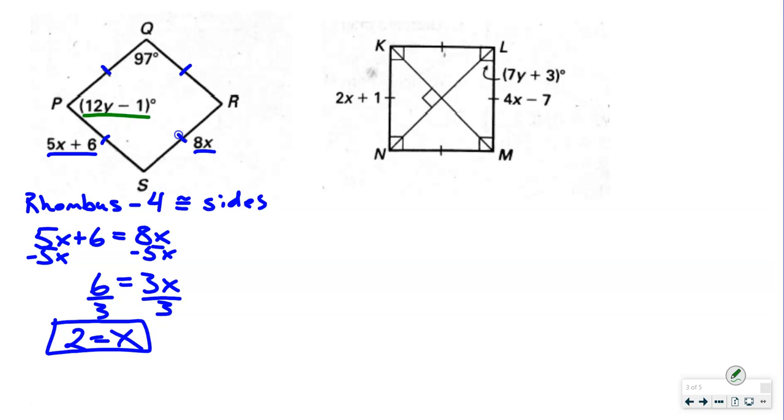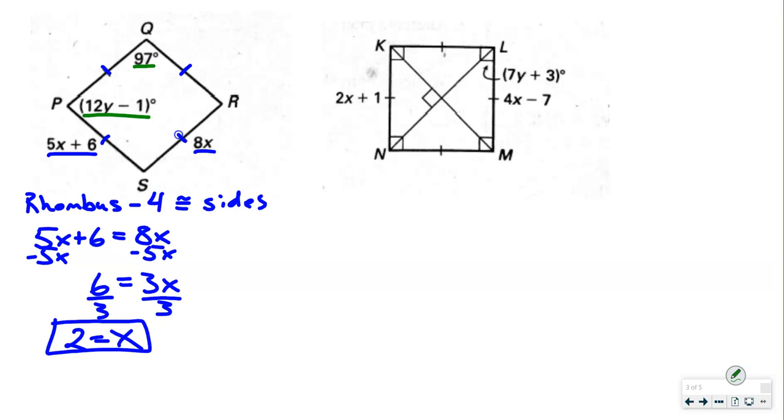For y, I have 12y minus 1 is angle P. And I don't have any other y's anywhere, but my other angle I know is angle Q of 97. Now these are not congruent angles. Remember, in a parallelogram, your consecutive angles are supplementary.